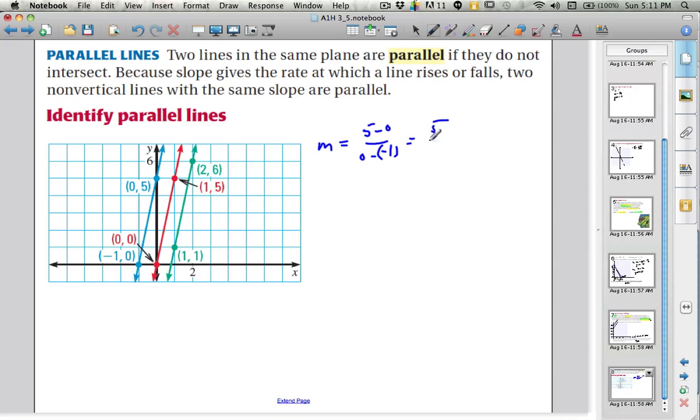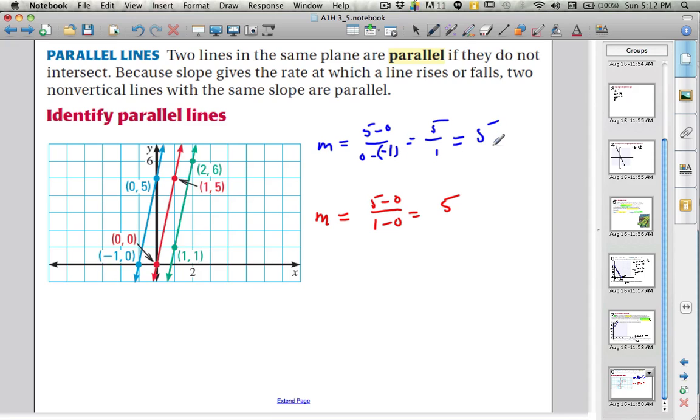And that's 5 over 1, which is 5. If I want to take a look at the red line, I have 5 minus 0, that's the change in y, over 1 minus 0. And that's also equal to 5.